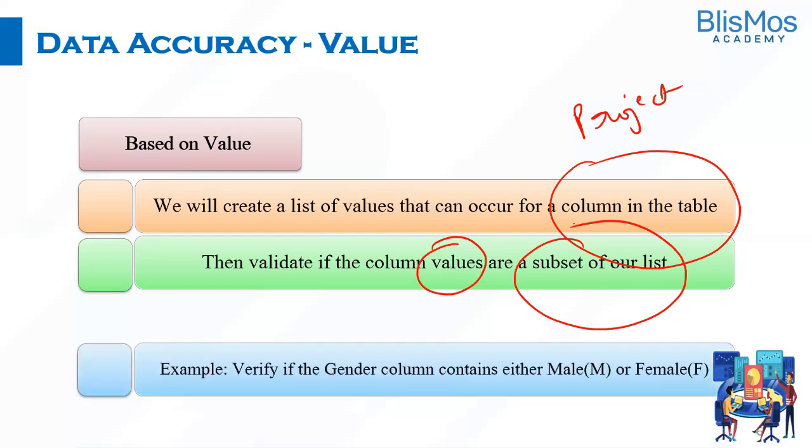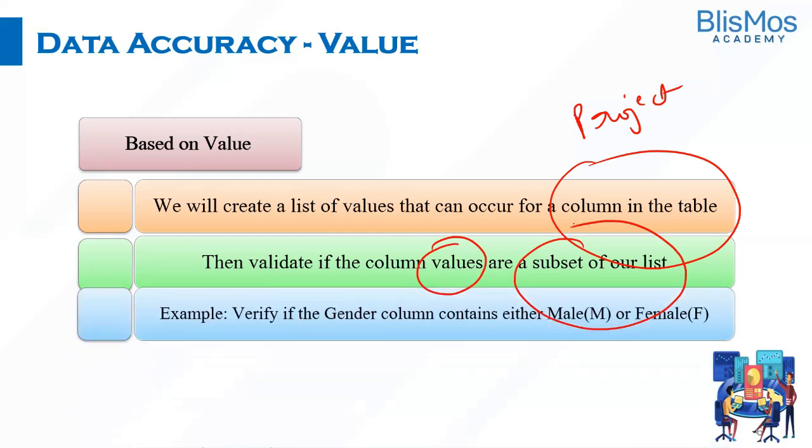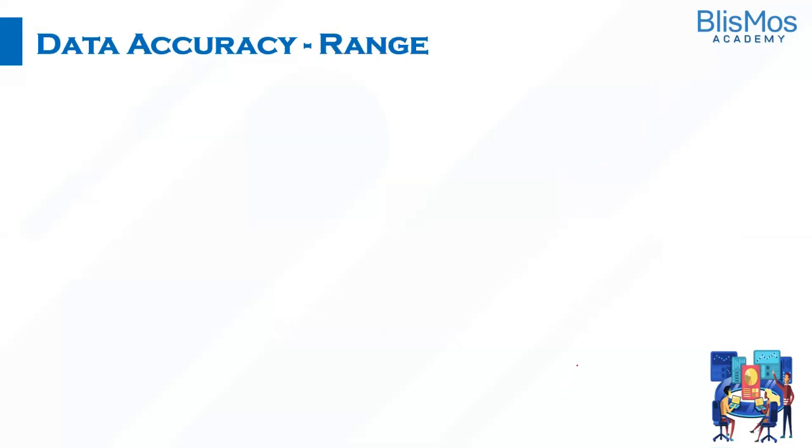For example, assuming that you want to verify the gender column, we may have male, female, and even cross gender. At the most, the gender column would have only 3 values, not more than that. So the values in the column should be either male, female, or cross gender, not more than that.